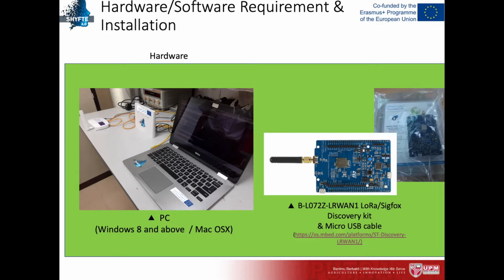The first part, you need to identify how many ADC channels, and the second one, how many DAC channels are available. For example, this board, the B-L072Z LoRaWAN Discovery Kit, can support a 12-bit ADC with 13 channels. So basically you can have 13 analog sensors integrated. Then you have a 12-bit DAC channel.